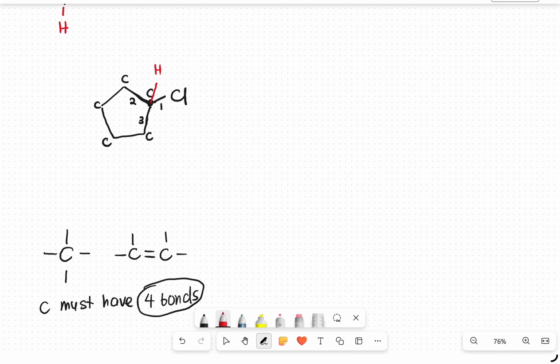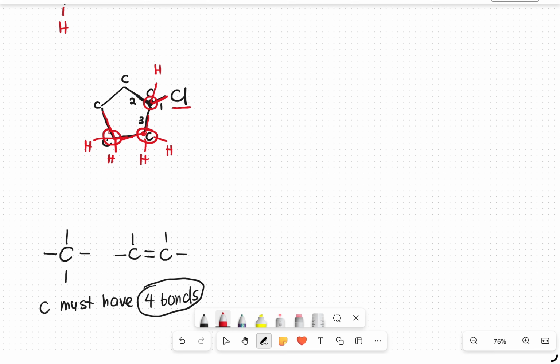The same goes for this one: 1, 2, so the remaining bonds should be another 2, so 2 invisible H on this carbon. And this side also has 1, 2 bonds and 2 invisible H. Whereas this one only has 1 hydrogen, because the other bonds are attached to another carbon and to Cl.